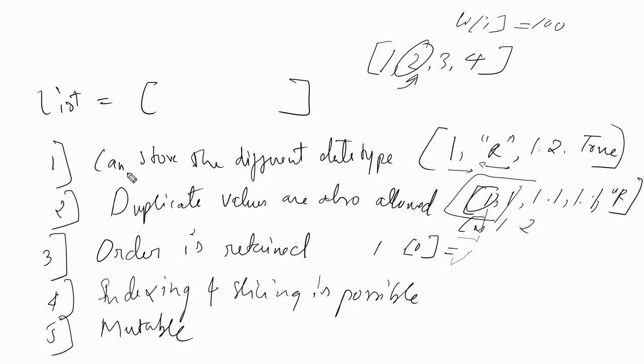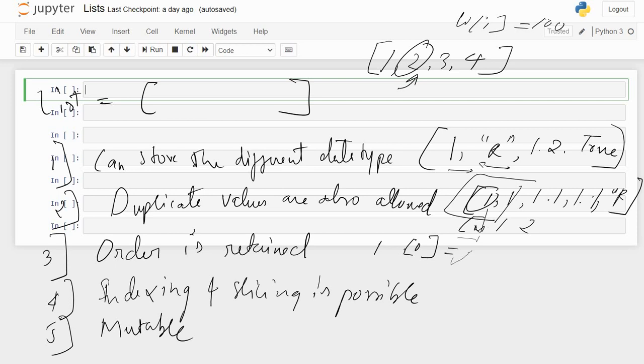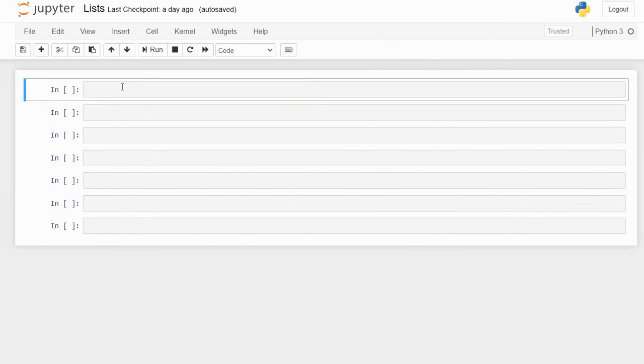First we'll see, it can store the different data types. List 1 equal to 1, string, take it as float, and then I take it as a boolean.